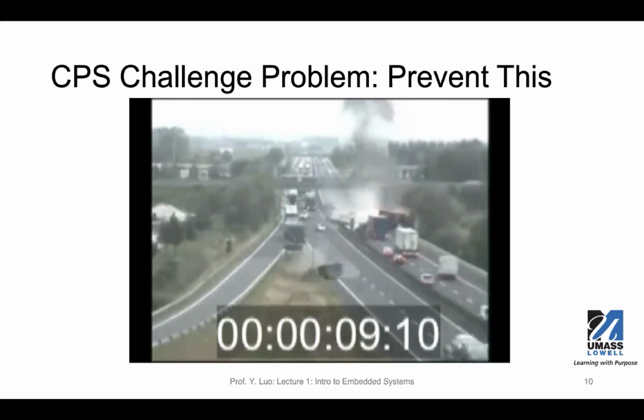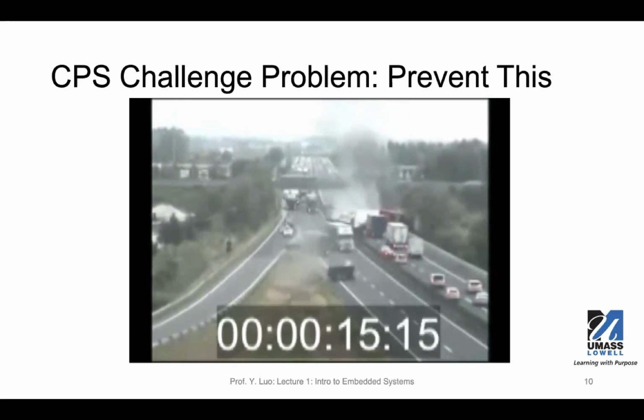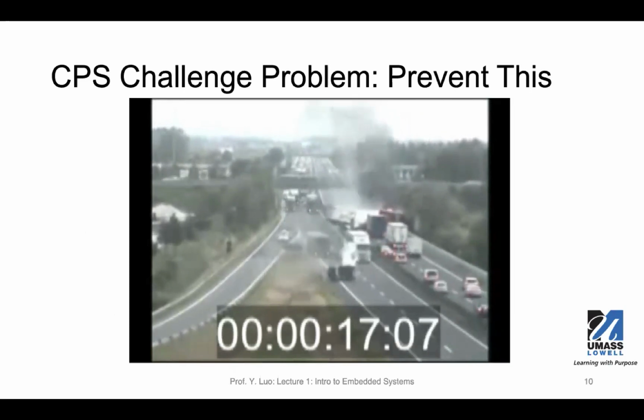So the 18-wheeler suddenly made an unexpected turn towards the center of the highway and just flew over the fence and then caused a chain of actions and of course accidents, and I'll be surprised if there's no people injured or even dead.